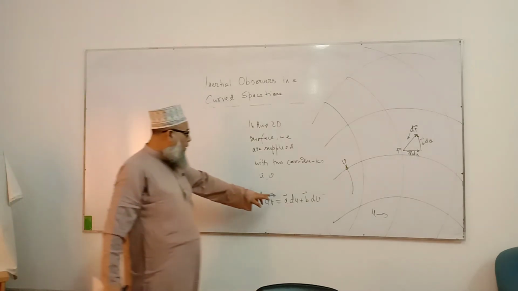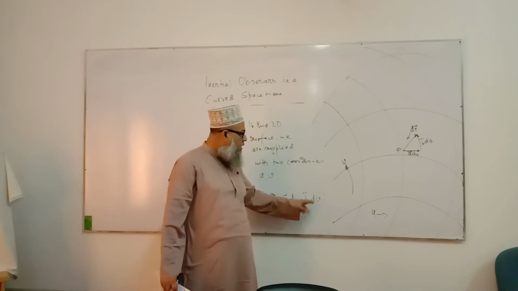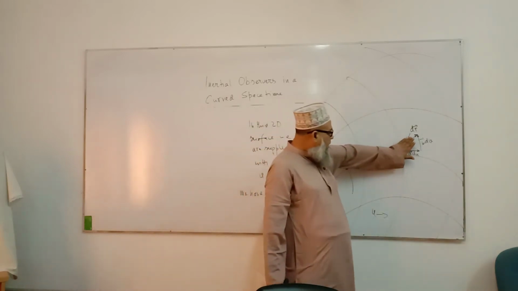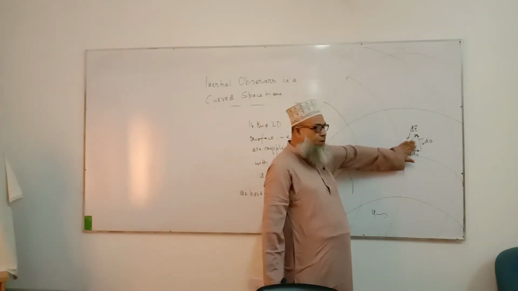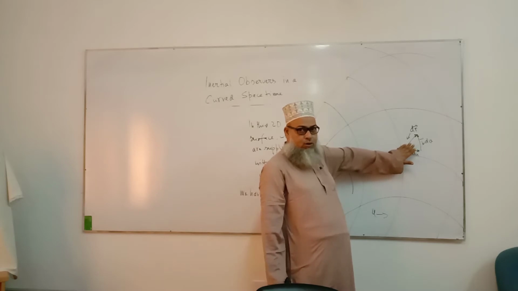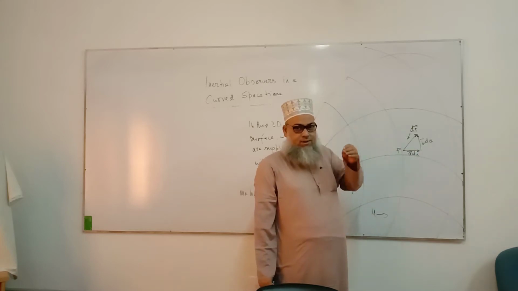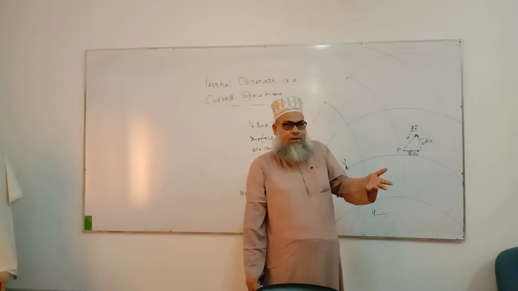So, where do A and B reside? A and B reside on the tangent plane at point P, so that A and B have a meaning as vectors, because that direction can be preserved there.